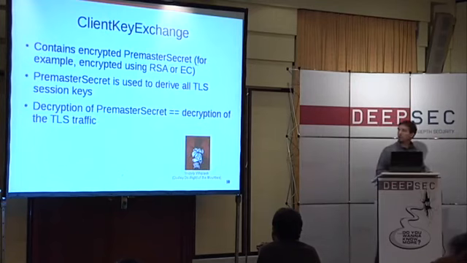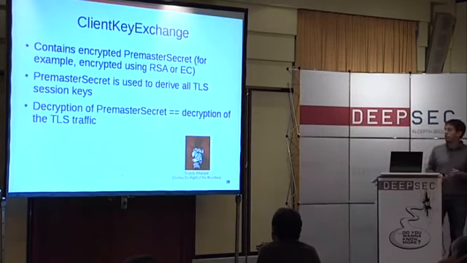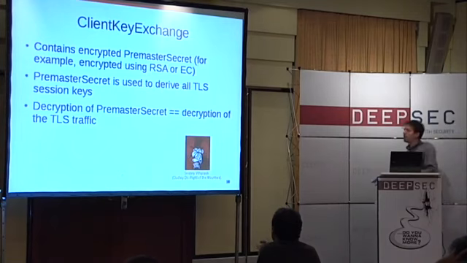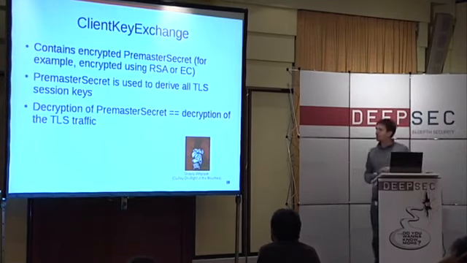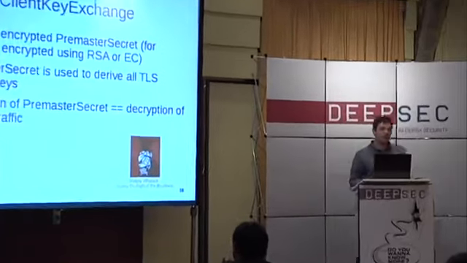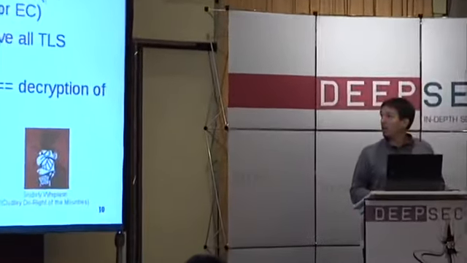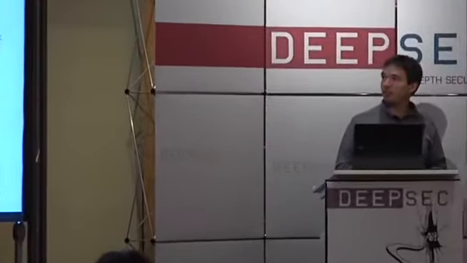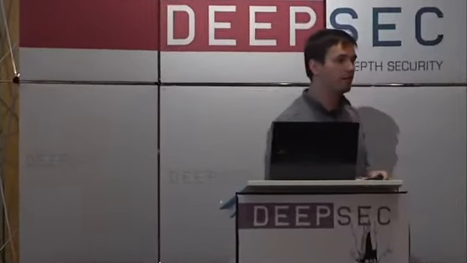Okay, let's come back to the client key exchange message. It contains the encrypted pre-master secret, and it is encrypted using the RSA algorithm. This pre-master secret is used to derive TLS session keys.